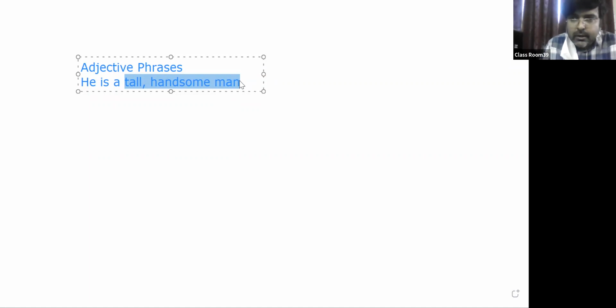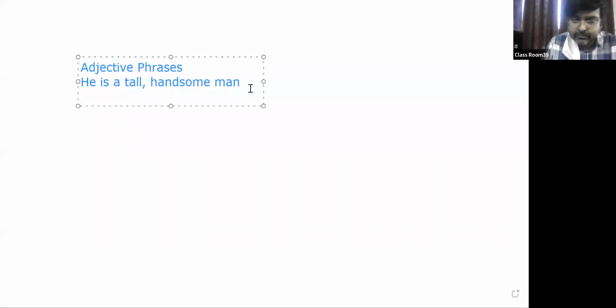If you select all the three words together, then this is a noun phrase. But when you leave out the noun, it becomes an adjective phrase: "tall, handsome".